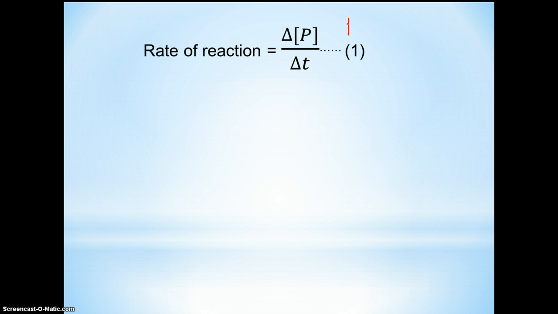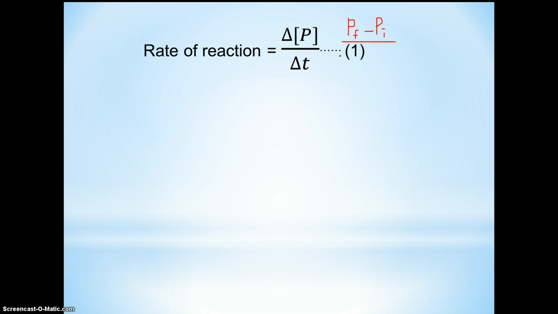So let's look at the following equation. This equation shows the change of the concentration of product over the change of time. Here let me explain a little bit about the change. Change usually means the final state minus the initial state. Say it's the concentration of the final state minus the concentration at the initial state.